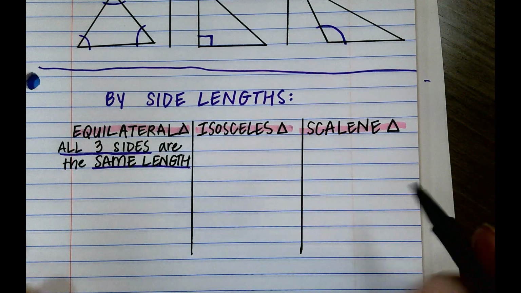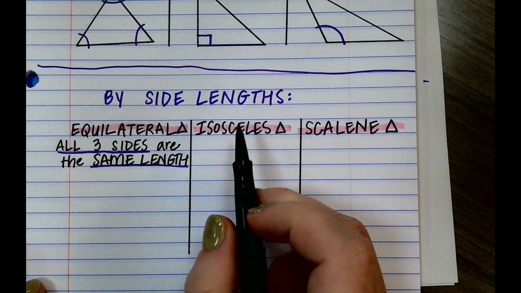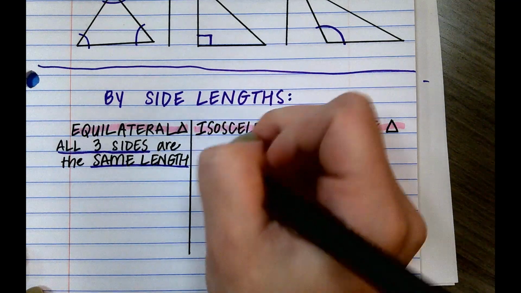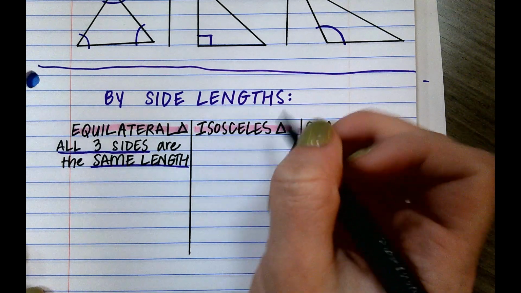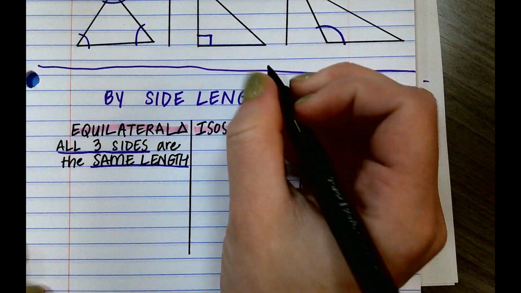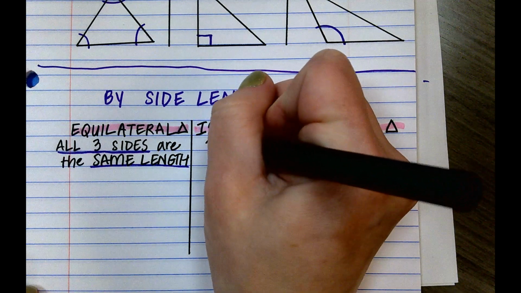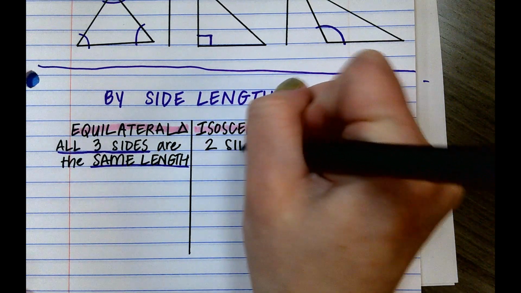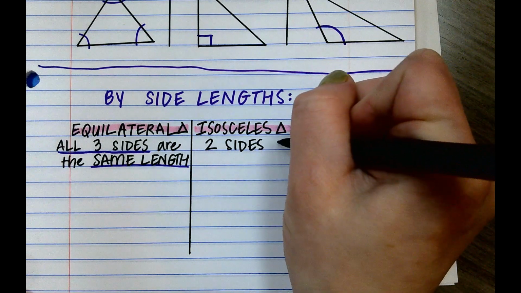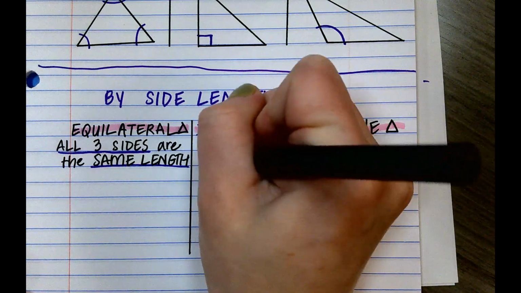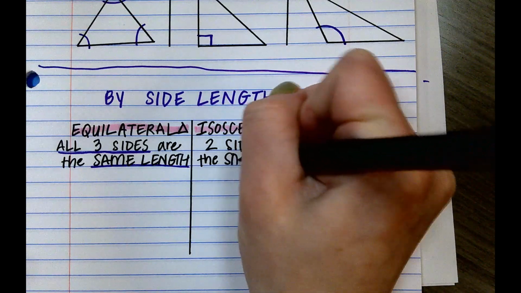We'll do all the definitions first and then do pictures for these. Isosceles has just two sides the same length. One side will be different. So two sides are the same length.